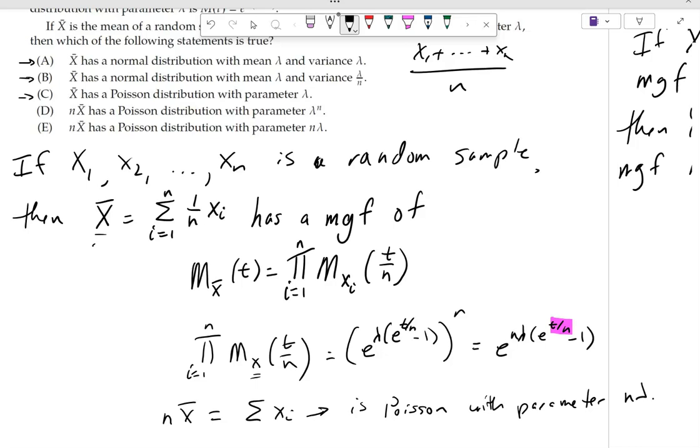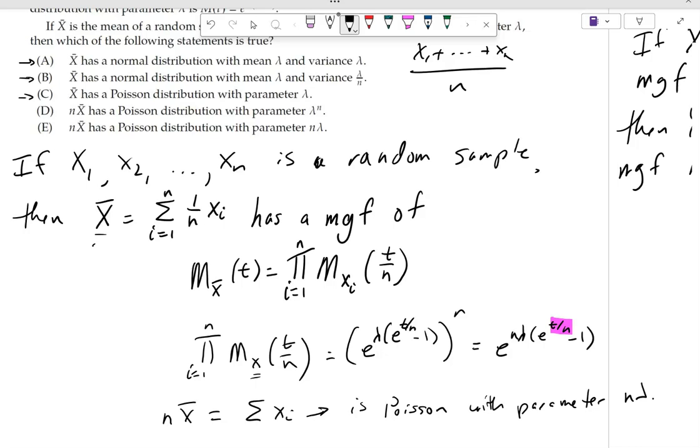And notice we could actually verify that with what we just came up with in another way. What we came up with is the moment generating function for the mean, right? Now we have a constant times that random variable.